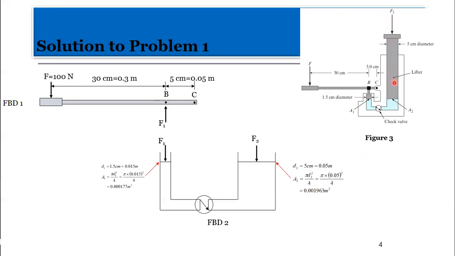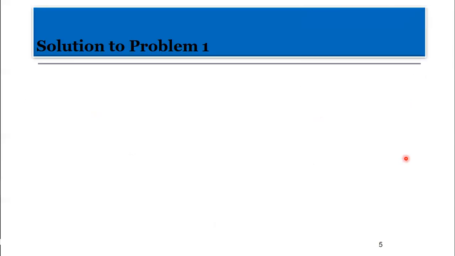If we were to consider the weight of the lifter, this time around we would have added that weight to F2 to be the combined force acting on area 2, okay? All right. So basically we have 3 diagrams here. We have 1, 2, and 3, okay? Good. So now let's see the analysis.